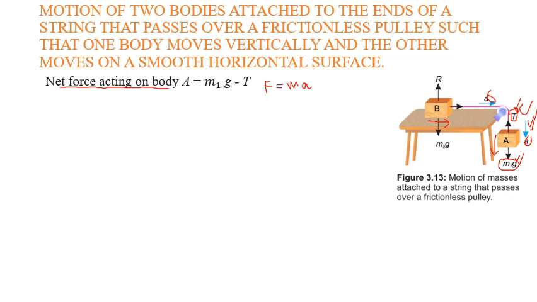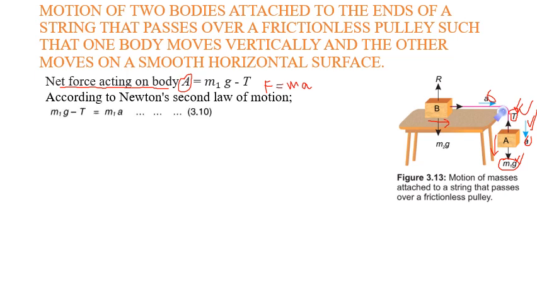Now since the net force over here is this one, can I write the equation like this, that the net force m1g minus T will be equal to m1a, the acceleration of body 1? Remember, this is the weight of the body which is moving vertically downward, because this is the net force on body A.